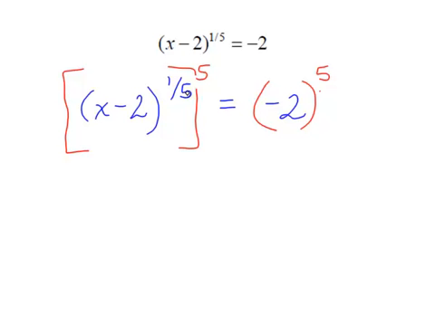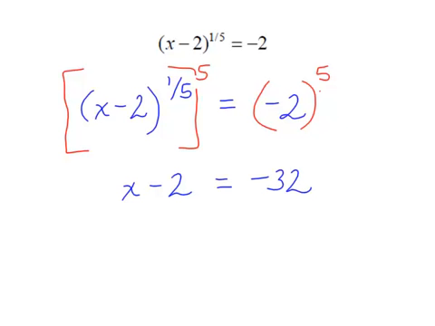A power to a power, you multiply. That will just be 1. I simply have x minus 2. On the right side, -2 to the 5th. That means -2 times -2 times -2 times -2 times -2. That would be -32. And look at this. It's looking pretty now.